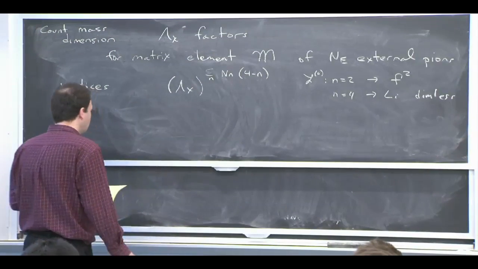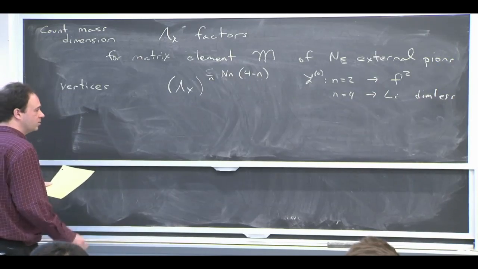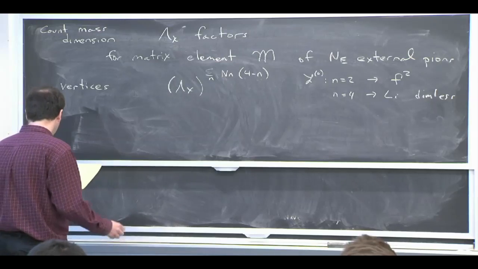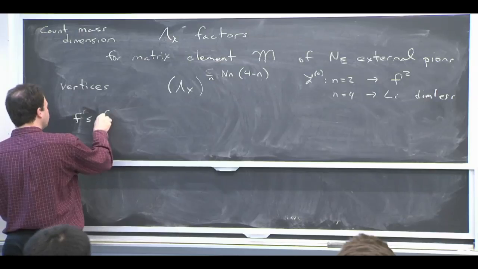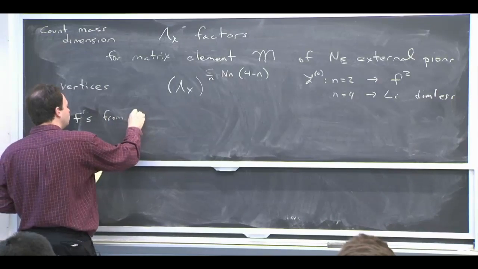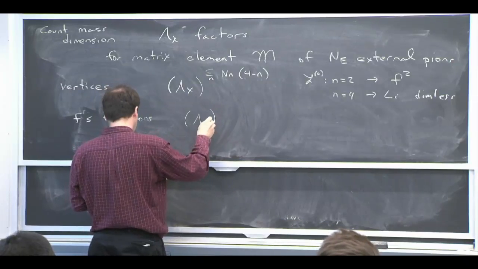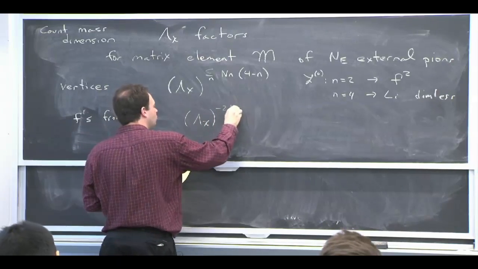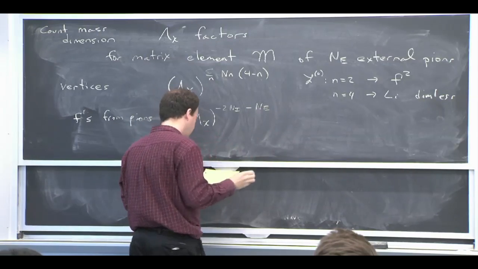So this is just counting from the vertices, which you should think of as counting just from the prefactors in the Lagrangian. There's also f's that come with the pions. Because every factor of the pion field comes with a factor of f.